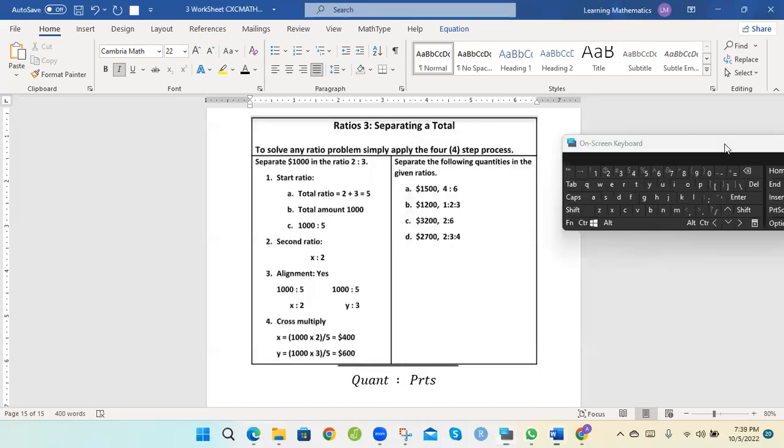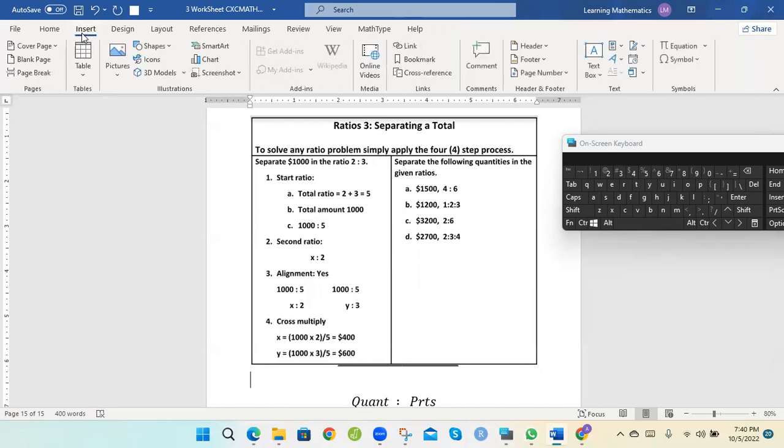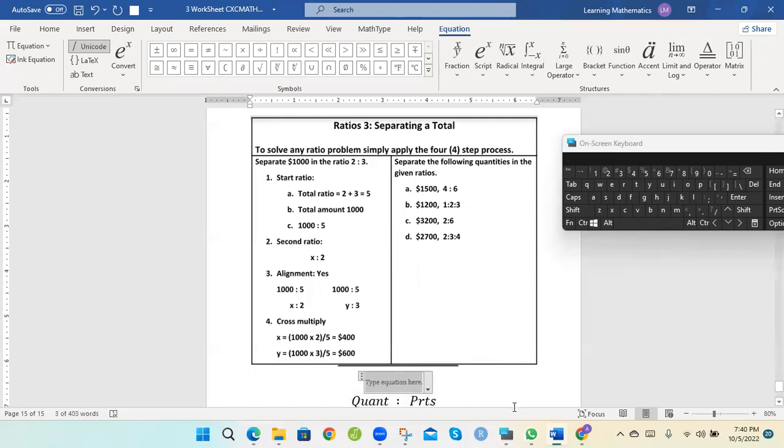Now, because we're separating a quantity into parts, one of the ways of doing that is to find your total ratio. The total ratio is an important value to obtain. The total ratio here for this example is 2 plus 3, which is equal to 5.